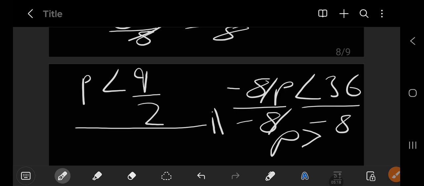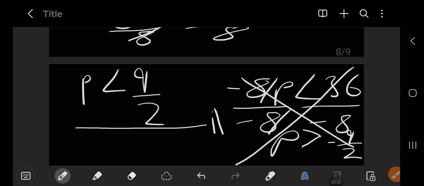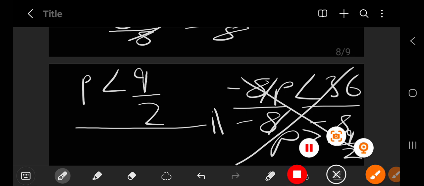So it's no longer going to be less than, but greater than negative 9 over 2, if we had that situation. But in this case, we didn't have that situation, so we did not change the inequality sign. It just remained as p less than the value. Thank you very much. Let's move on to question 1.3.